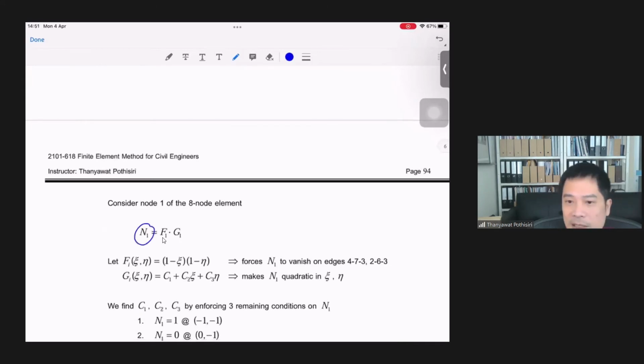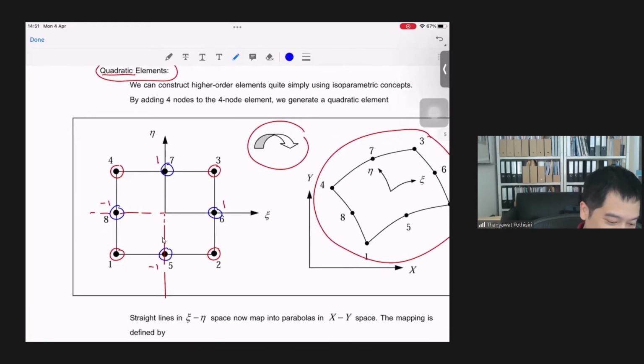If we take a look at N1, N1 is the shape function for node 1, right? So the shape function for node 1 should be 0 here and here.